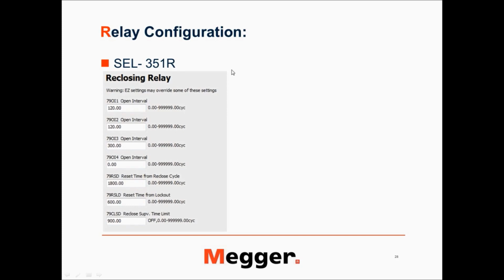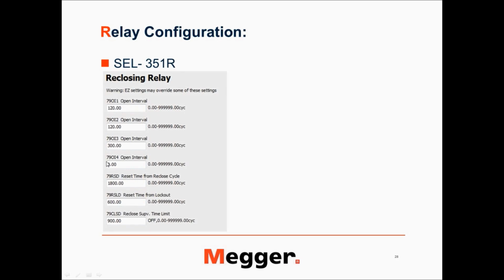That is E79. Depending upon the settings of the E79 on the relay, it will notify you as an engineer or a settings engineer. You will know that the element is enabled. And after that, if you come here on the reclosing relay topic on the settings page, you will see 79 OI1, OI2, OI3, and OI4.